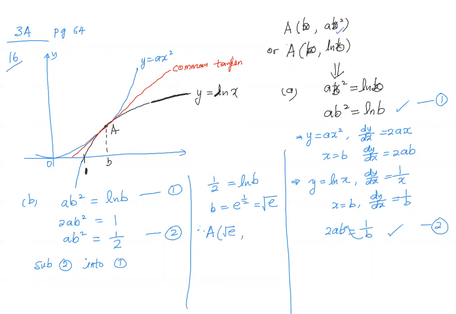You can use either this or this, up to you. So ln b is half, so b is e to the power half. So the point of contact is square root of e, and this is half. Done. Any more questions? So the rest you can do by yourself.